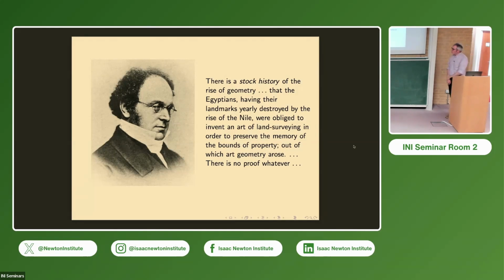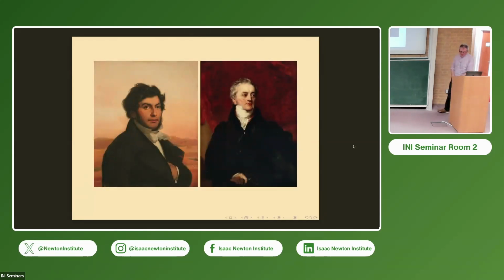But what De Morgan probably knows at this stage is that we're on the cusp of a change, because things are starting to happen when it comes to reading ancient Egyptian sources. So on the left, we have Jean-François Champollion, working in France on the ancient Egyptian language. And on the right, Thomas Young, similarly working in Britain.